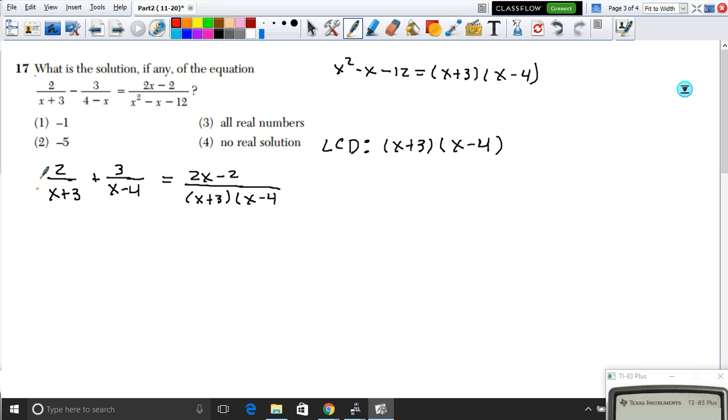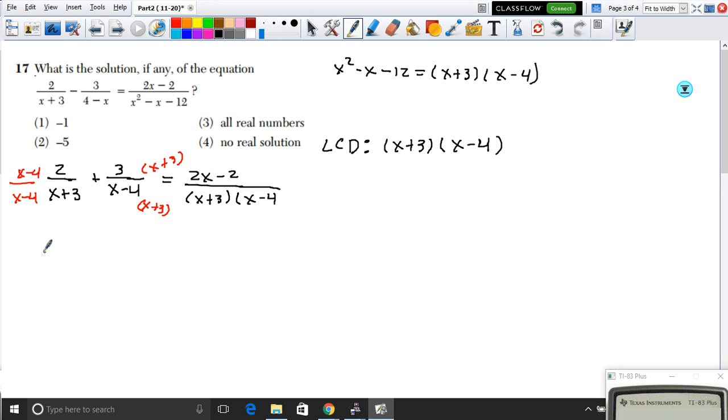Notice that the first fraction already has x plus 3. So all we have to do is multiply x minus 4 top and bottom, because we want to make sure every single fraction has the same LCD. For this fraction, which has x minus 4, we're going to multiply x plus 3 top and bottom. We're not going to multiply anything on the right side because it already has x plus 3 and x minus 4.